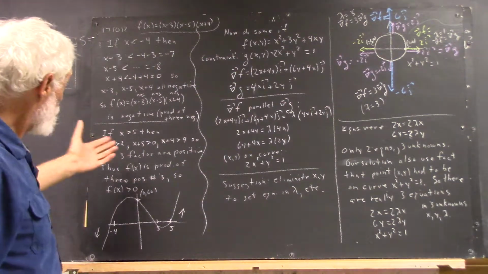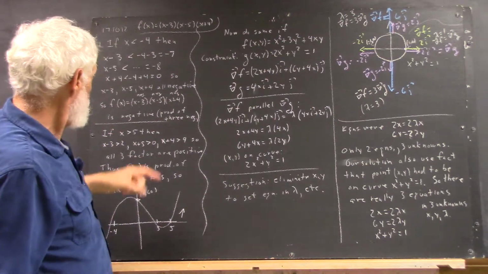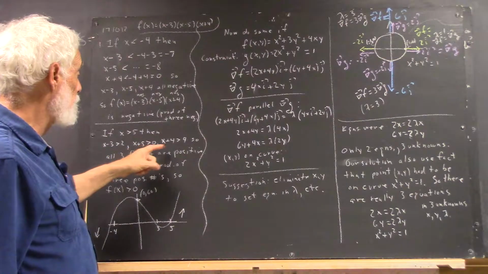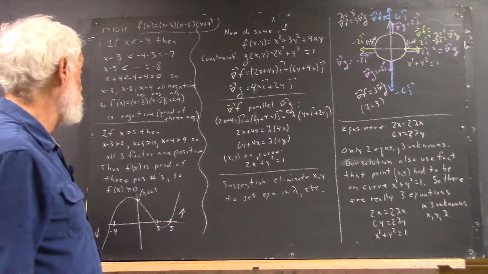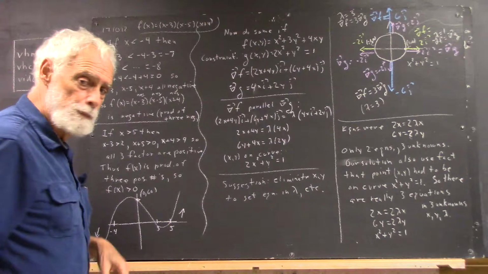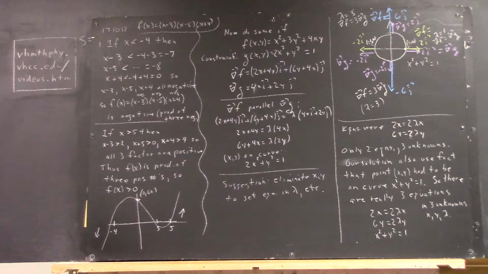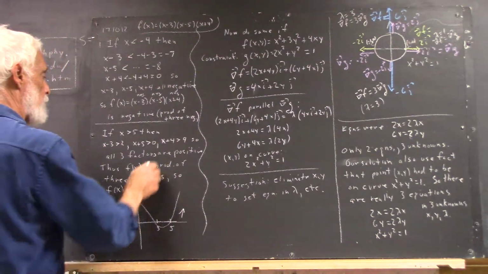Then, similarly, if x is bigger than 5, then x minus 3 is bigger than 2, x minus 5 is bigger than 0, x plus 4 is bigger than 9. You can easily verify this. So all 3 factors are positive.